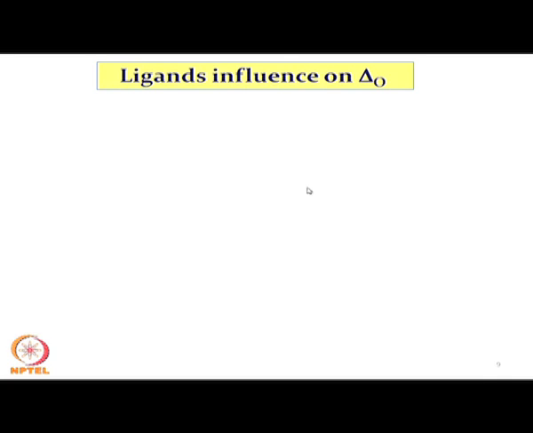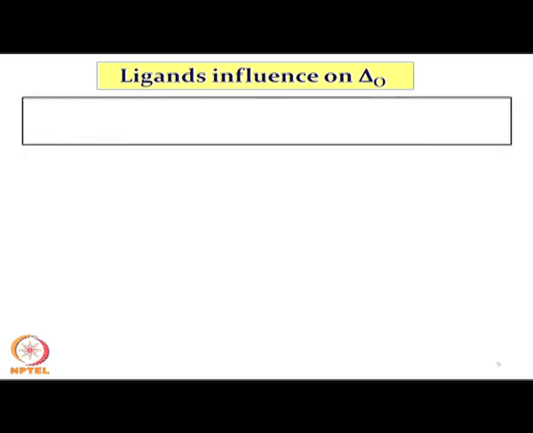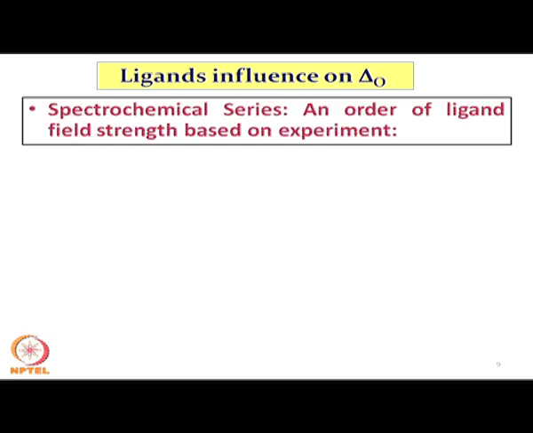So, now we see how these ligands can influence the corresponding delta octahedron values. We all know now that we have a corresponding spectrochemical series that we have seen earlier, with different entries for the different ligand systems, arranged depending upon the strength of the ligand field around a particular metal ion, say cobalt what we have seen just now, or nickel, or copper.